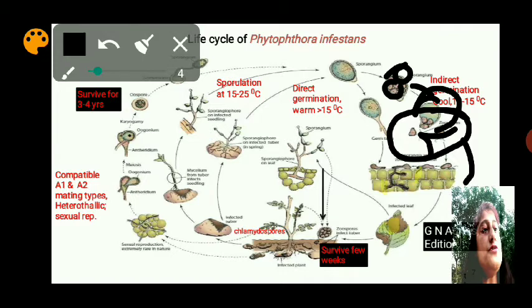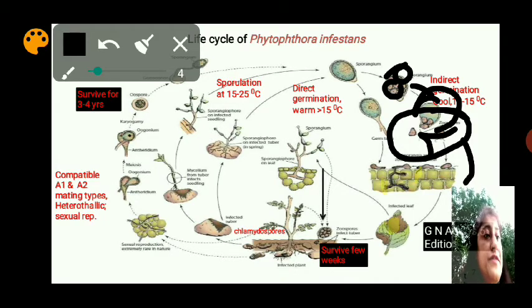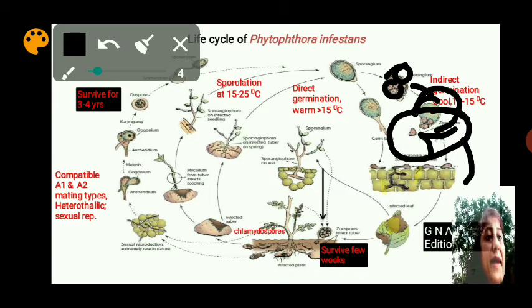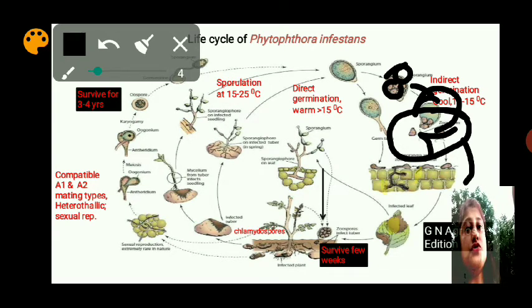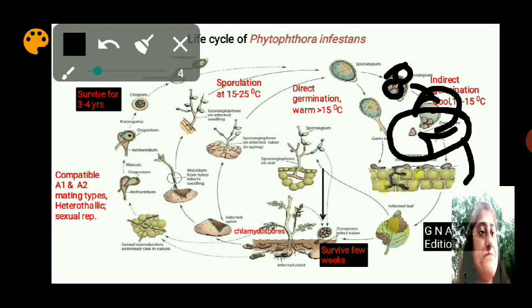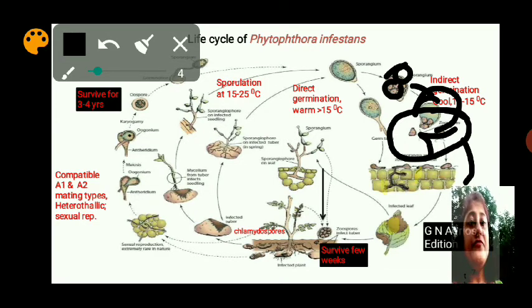These germ tubes, like in direct germination, help to invade the host tissue with the formation of appressorium and subsequently the peg, and the peg helps to ramify within the host tissue. So these are the two types of germination.